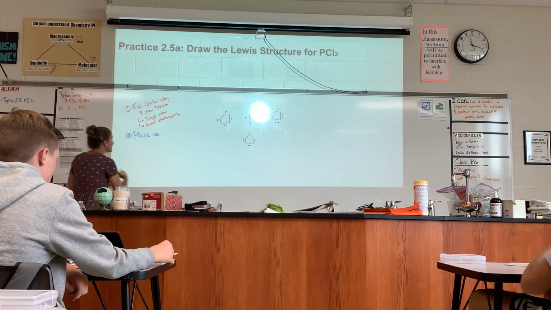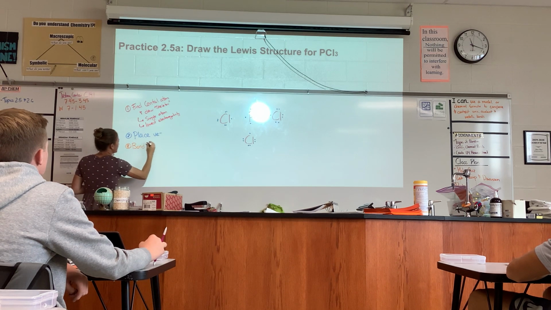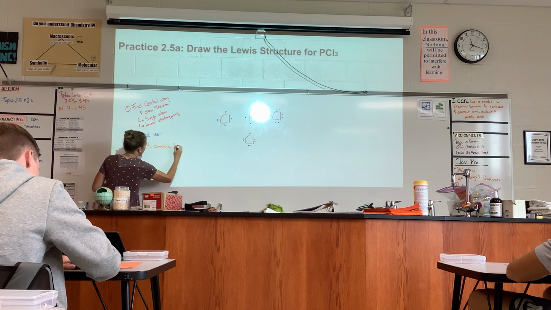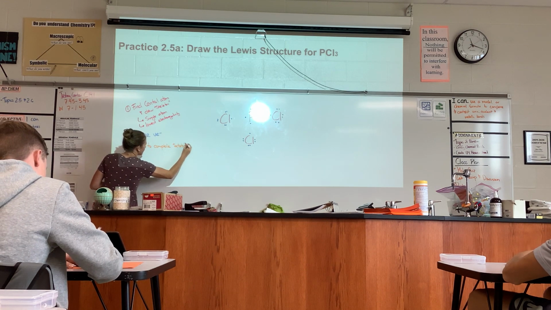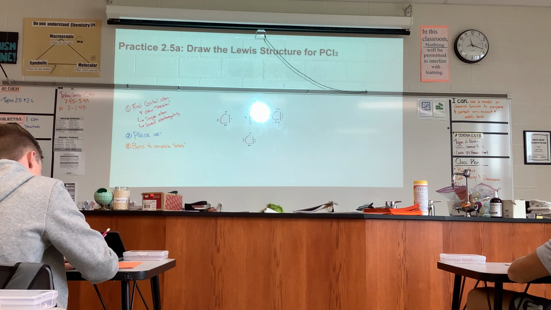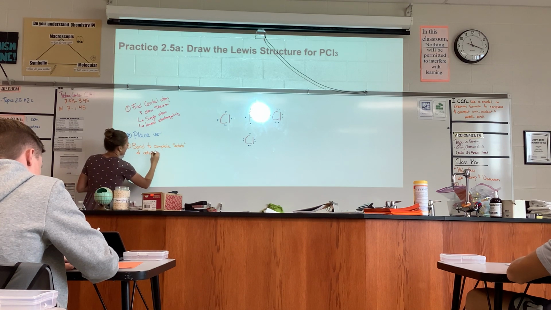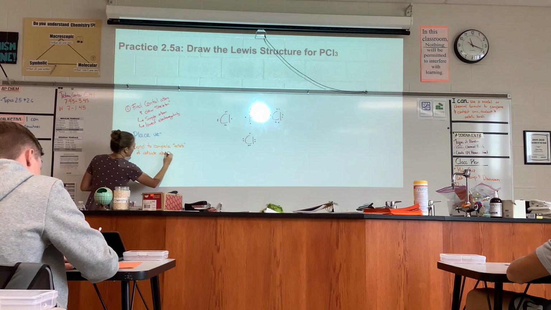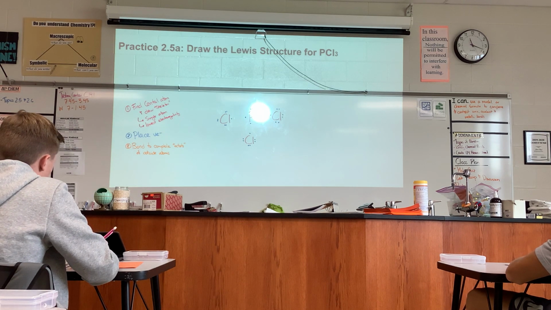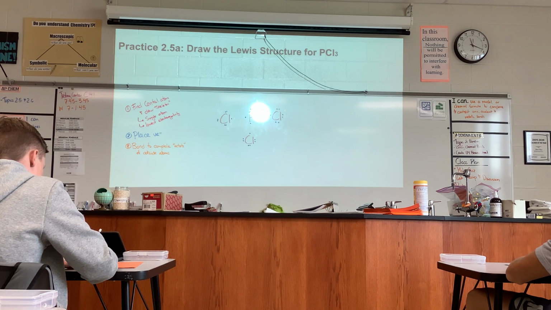Step 3 is we are going to bond to complete octets. We're going to bond to complete the octets of the outside atoms. The central atom can do some interesting things, but the outside ones always want to bond if they can to get that full shell.